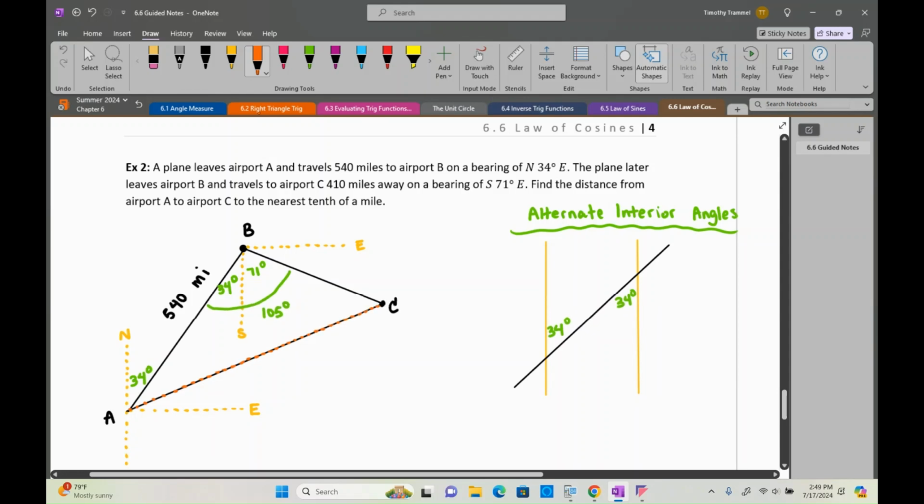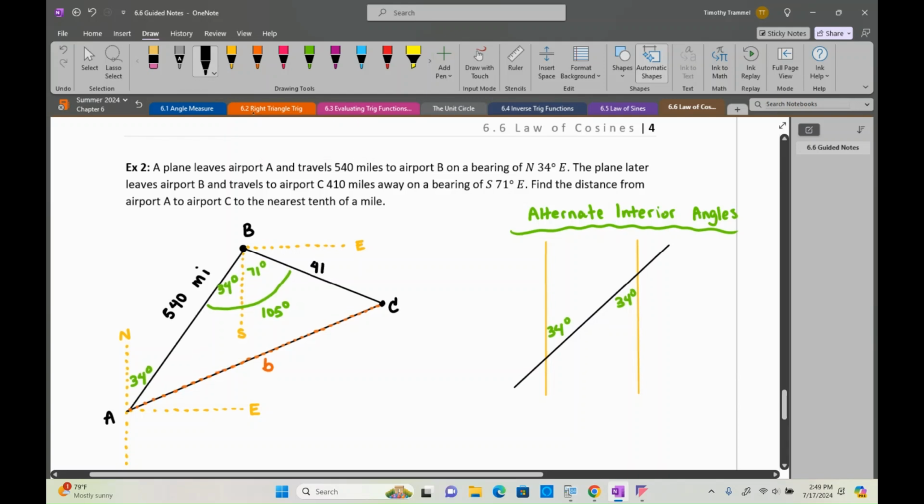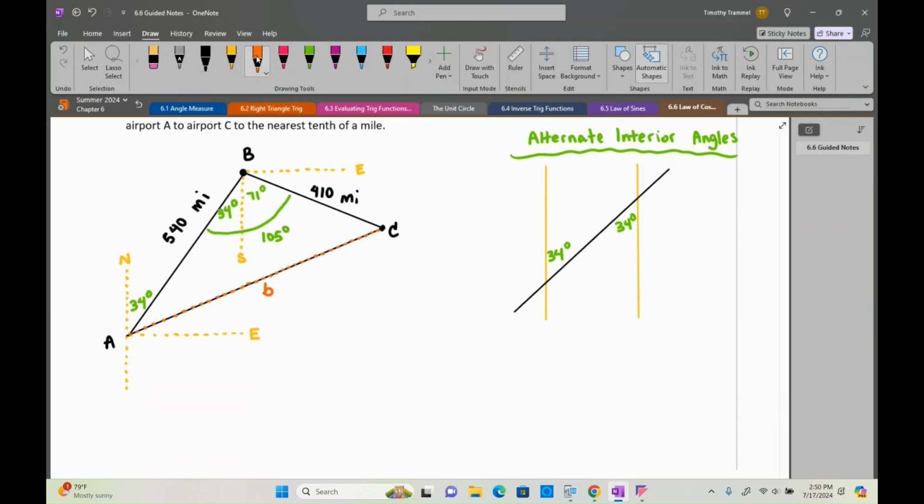That's the length we're looking for. Let's give that a name. Let's just call it little b. There is one more thing I realized I'm missing from my diagram, and that is this side right here is 410 miles.